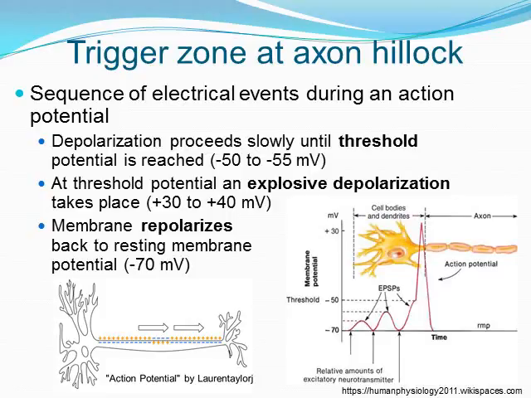And so, if you have more than one channel opening, or if you have a channel opening very, very close to the trigger zone, that is going to be more likely to hit the threshold and cause an action potential. And what do I mean by threshold?